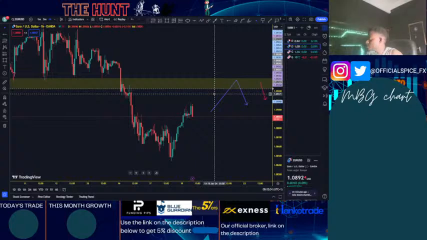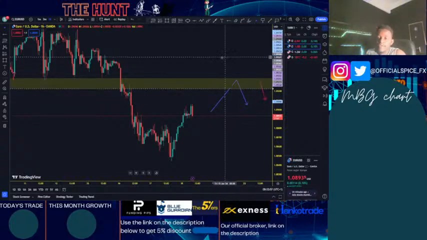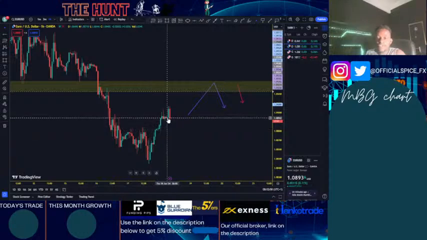Okay, and I also explained to you guys what we call pairs correlation, that I talked about yesterday. Some pairs move together in the same direction all the time, and the difference between them is very, very little. Euro USD also influenced my decision on GBP USD to buy, because if you look at Euro USD, price is still coming back up to this point right here.